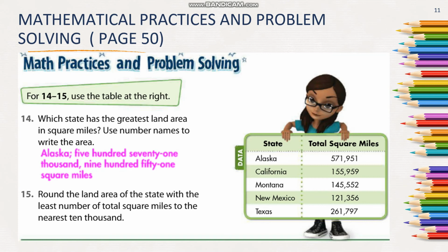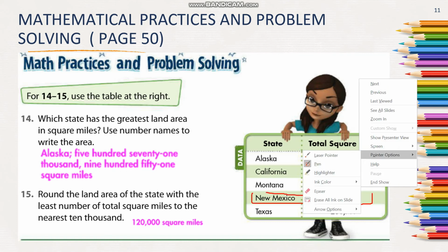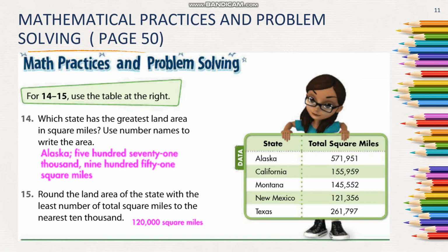Number 15, round the land area of the state with the least number of total square miles to the nearest 10,000. Why? Because the least number is 121,356, and this must be rounded to the nearest 10,000.